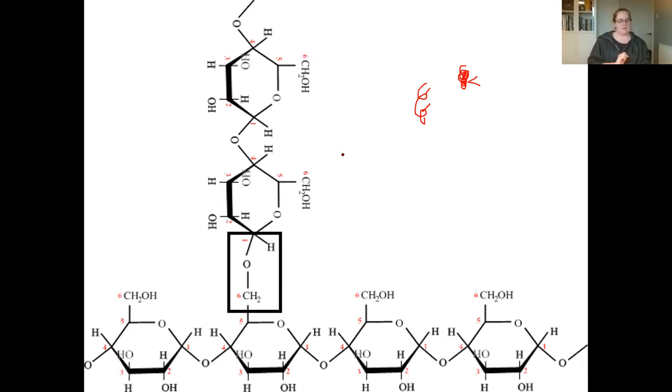Another good thing about amylopectin and about starch in general is it is insoluble in water. So it doesn't cause any osmosis to happen. So it will not affect the water potential of the plant, or any of the cells that it's taking place in. Amylopectin, amylose and starch are all insoluble in water, which is really important.